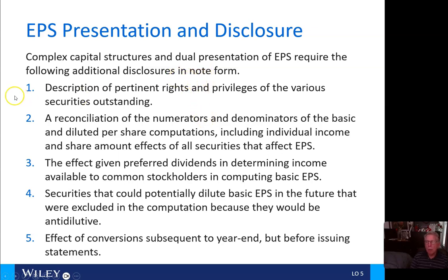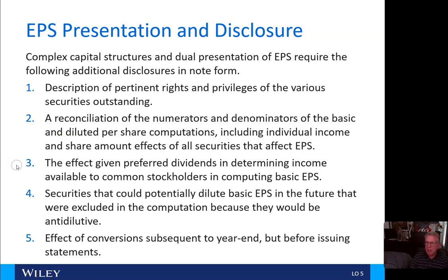So, complex capital structures and dual presentation of earnings per share require the following additional disclosures in note form. 1, description of pertinent rights and privileges of the various securities outstanding. 2, a reconciliation of the numerators and denominators of the basic and diluted per share computations, including individual income and share amount effects of all securities that affect earnings per share.